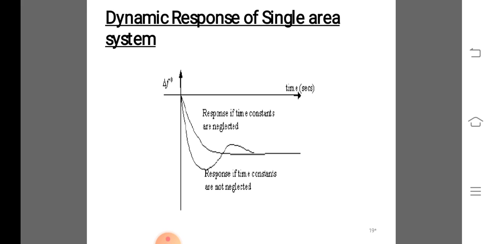Then dynamic response. Let us now turn our attention to the transient period. For the sake of simplicity, we shall assume the two areas to be identical. Further, we shall neglect the time constants of generator and turbine as they are negligible compared to the time constant of the power system.